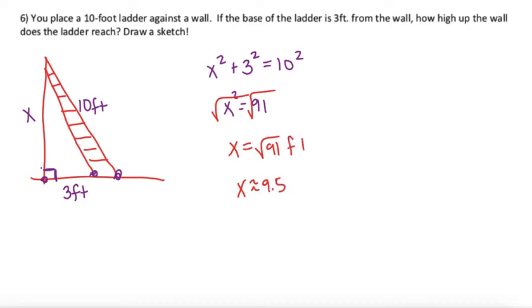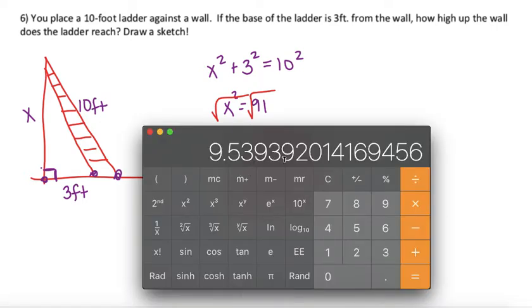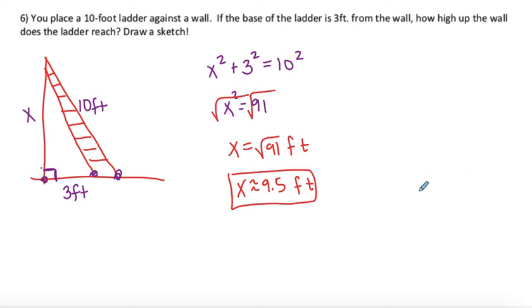Okay, so if I were to look at answers for a real world problem, it's unlikely that I'm going to report radical 91 feet. I wouldn't say, oh, this ladder reaches there. I would say, oh, this ladder reaches about 9.5 feet up. It's a little bit actually higher than that, but that's going to be pretty close to negligible at the end there. So when we're answering real world problems, we're typically going to go with the approximation because our rulers and tape measures are not going to measure in radical 91s.